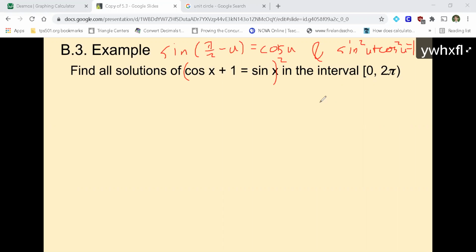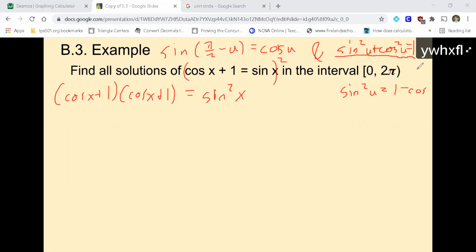If I do that, then I would get cosine of x plus 1 times cosine of x plus 1 equals sine squared x. And if I solve this for sine squared, then we know sine squared would be 1 minus cosine squared. And so instead of sine squared here, I can rewrite my problem in terms of just cosine.